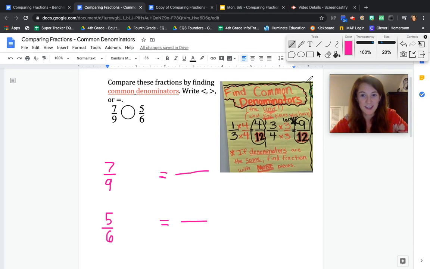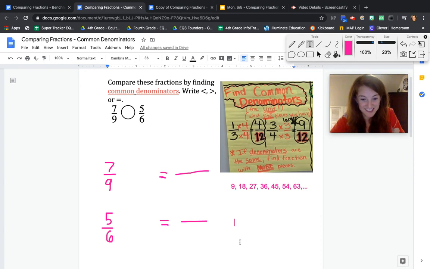All right, this might take rolling your sixes and your nines in order to see which is in common. Let's start with nines. Hopefully you guys have those memorized. 9 times 1, 9 times 2, 9 times 3, 9 times 4, 9 times 5, 9 times 6, 9 times 7, and so on. Remember, multiples can go on forever.